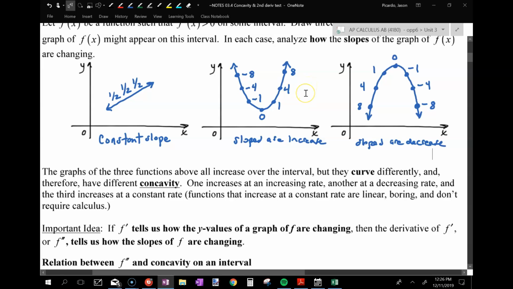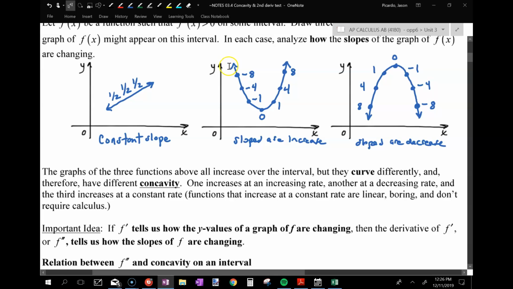Now, you've probably heard that phrase used already, right? Okay. This does not have concavity. The reason that it doesn't have concavity is because the slopes are constant.